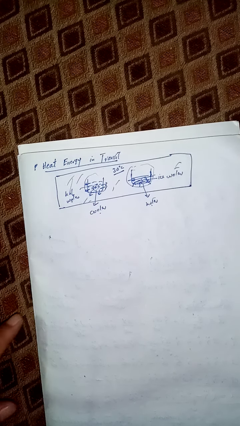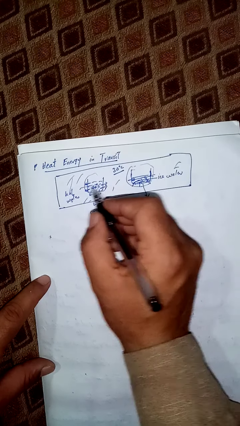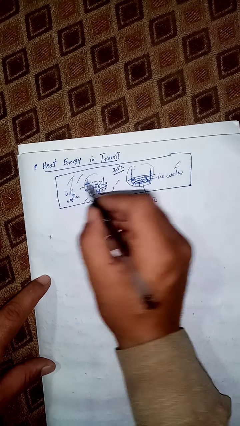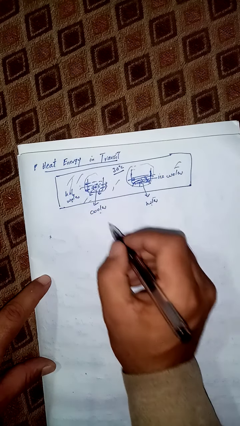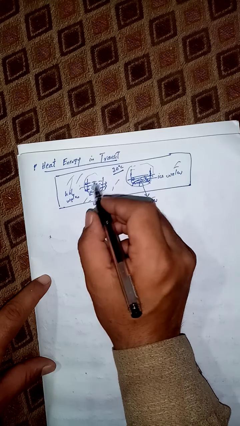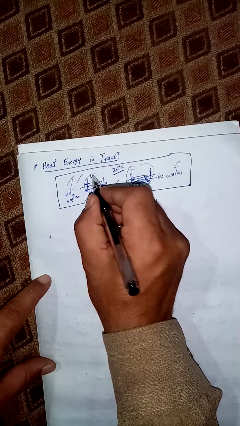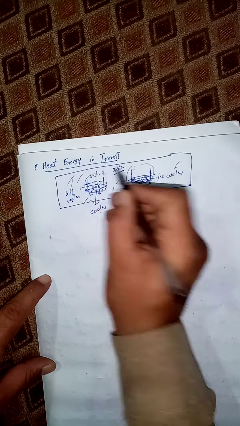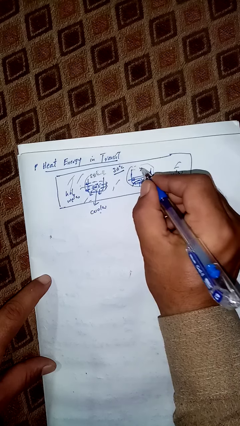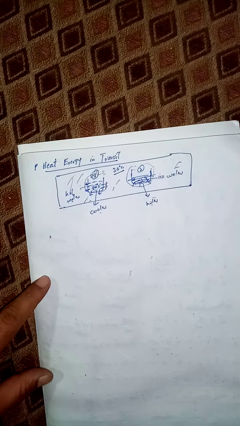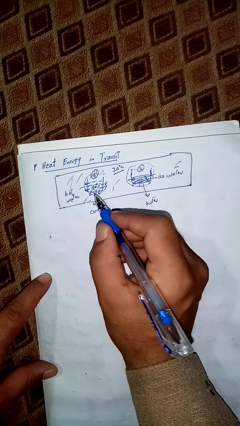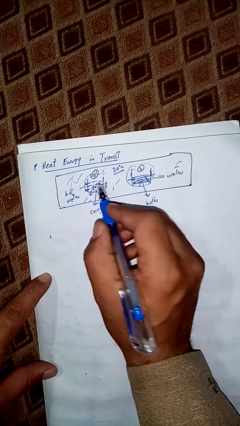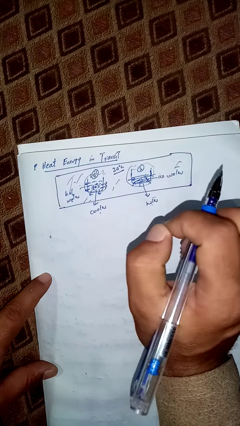Here something is going from the system to the environment, here something is going from the environment to the system, and finally a stage is reached where the temperature of the environment, suppose this is system 1 and this is system 2, system 1 and 2. After some time, let's suppose after 30 minutes or 40 minutes or after 1 hour, all the three, the environment, system 1 and system 2, approach the same temperature.